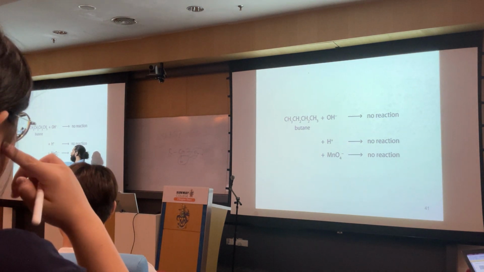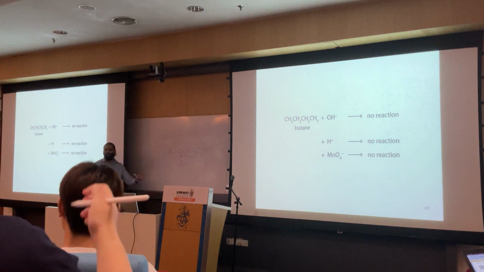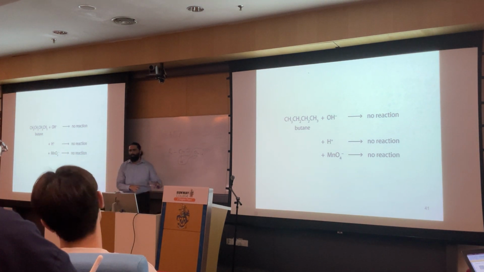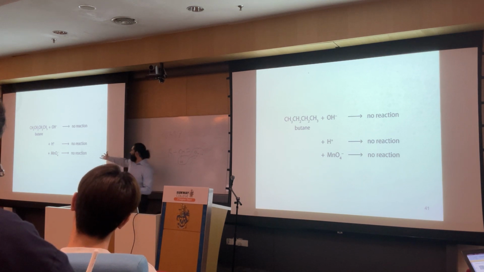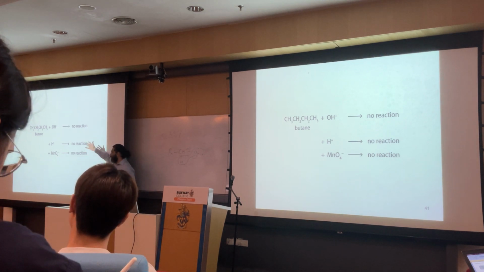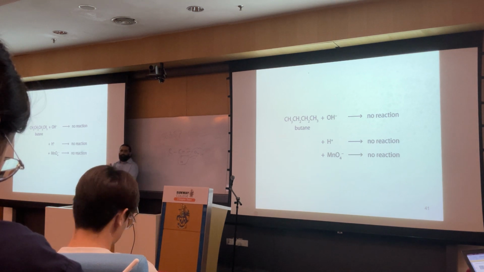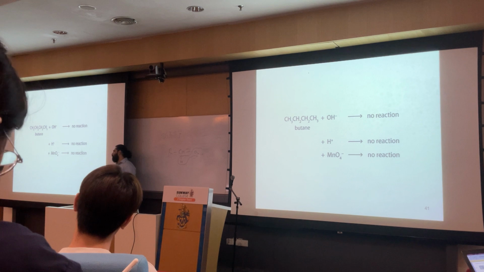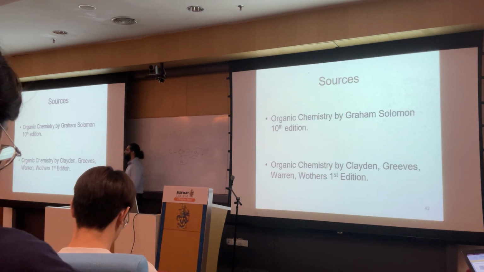You won't have to memorize more reactions. So alkanes are quite benign in terms of their reactions. They only do limited types of reactions, which we saw. The other common reactions, such as reaction with acid or base or reducing or oxidizing agent, no. Alright? So with that, we are done with the chapter of alkane.